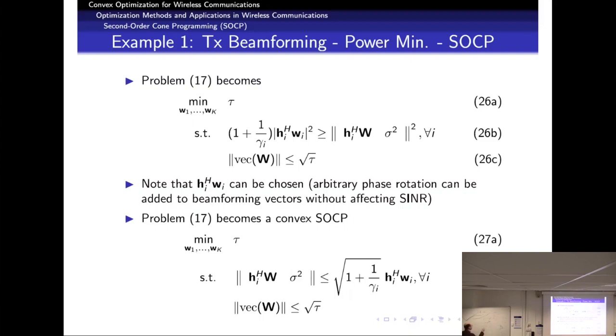So if I multiply W by a constant phase like this, this will still be the optimal solution. It will not change. If W is an optimal solution, I can still multiply by this, and it will still be an optimal solution. Because if I multiply W here by a phasor, exponential j phi, this will be cancelled by the absolute value, right?